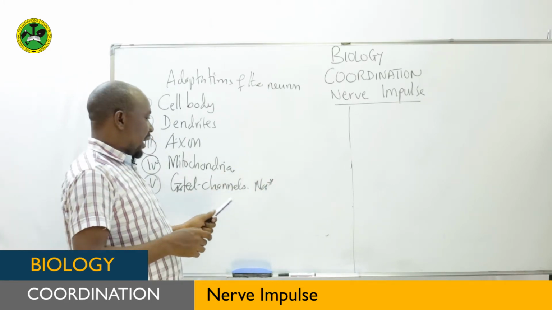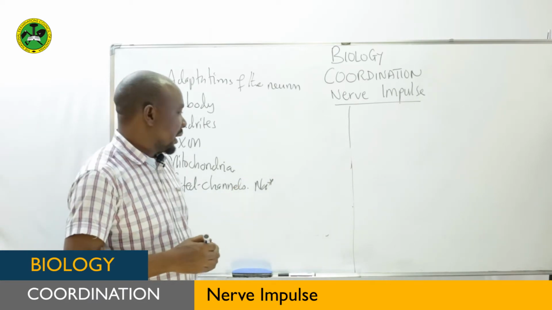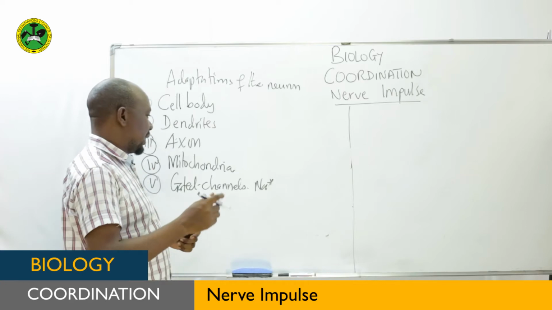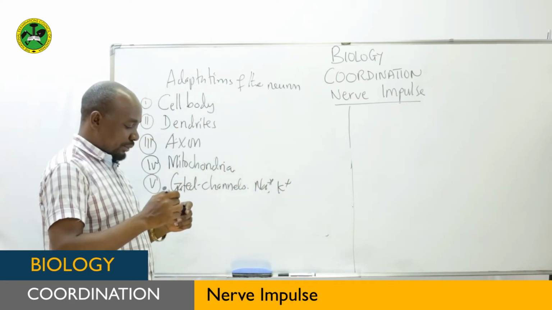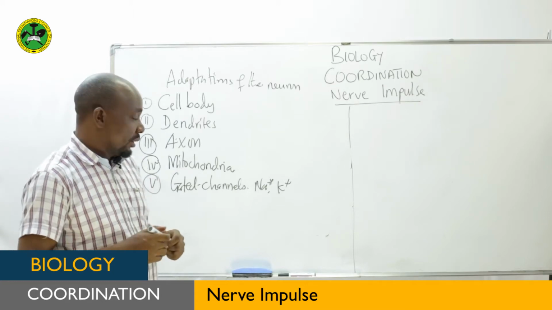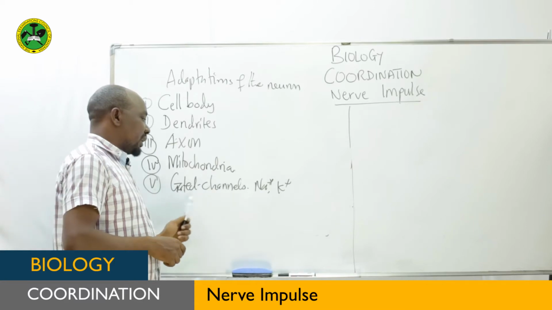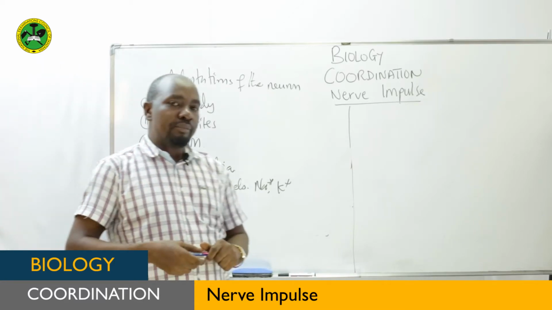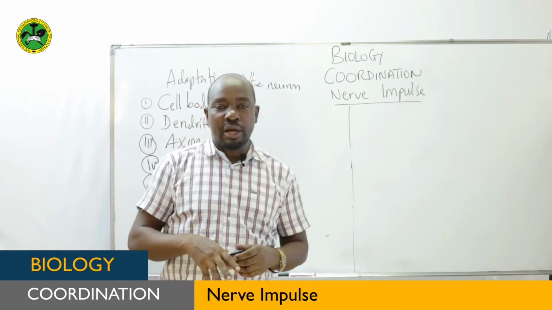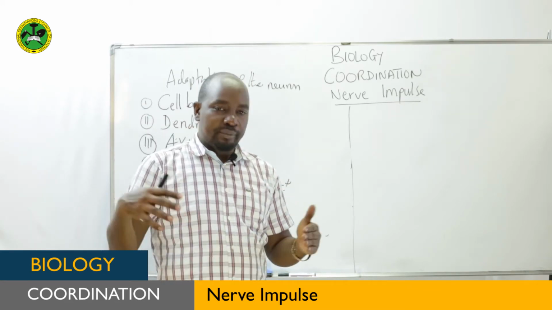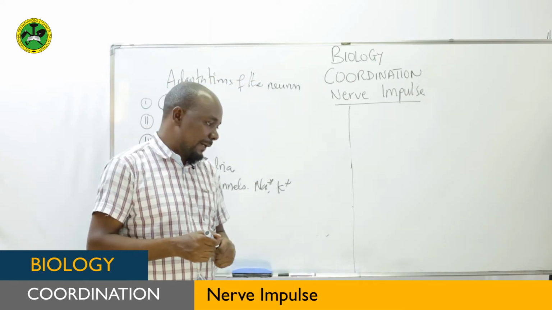The sodium ions tend to pass into the axon membrane and outside. There are also the potassium gated channels and chlorine gated channels. So these channels act as the pathway or the route through which the ions pass during the transmission of the nerve impulse.